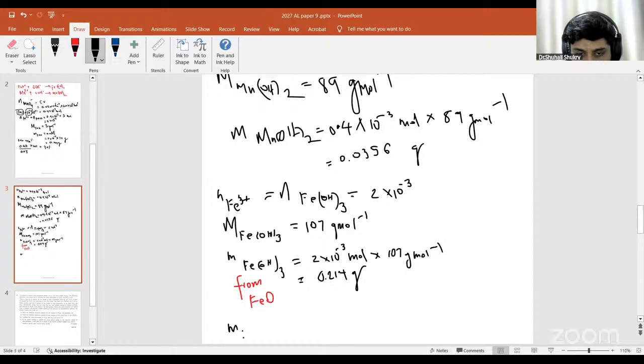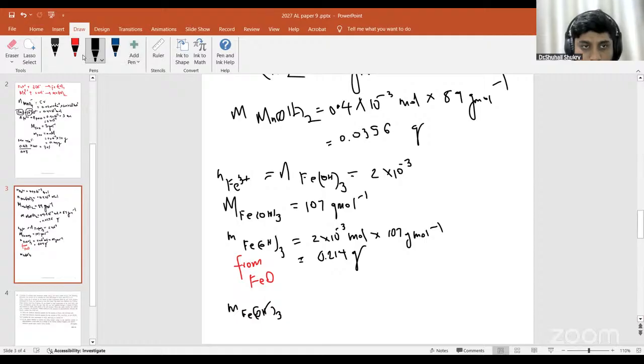So from this I can find M Fe(OH)3, the mass of ferric hydroxide. Okay, very important, from Fe2O3.